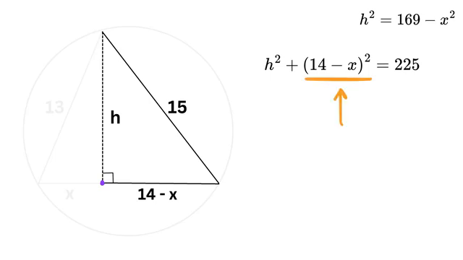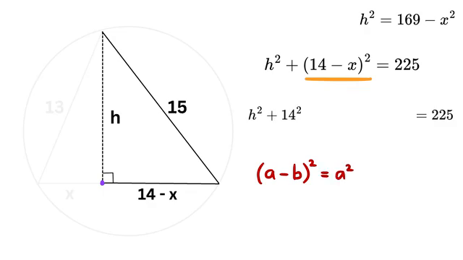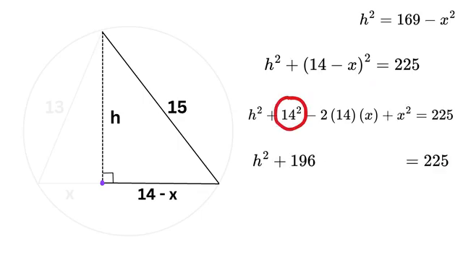Then we will expand 14 minus x square using the a minus b whole square identity, which is first term square, minus 2 times first term times second term plus second term square. That means we get 196 minus 28x plus x square.